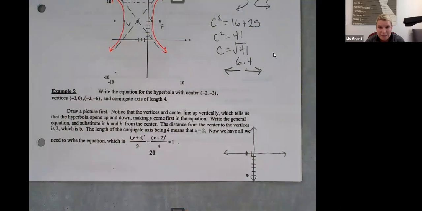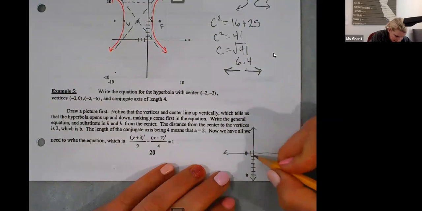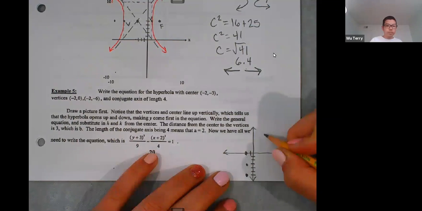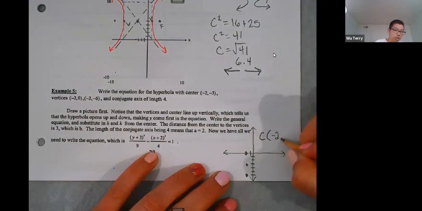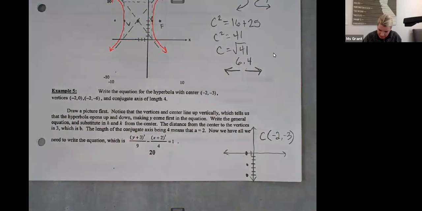Those are my vertices. That means that the center has to be in the middle. In the middle of 0 and -6 is -3. So -2, -3 is my center.